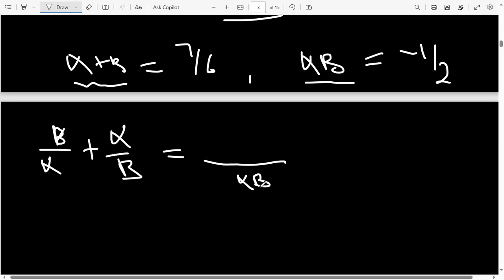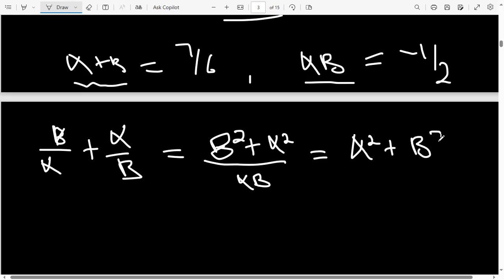Okay, so beta multiplied by beta, you get beta squared, and then plus beta into alpha beta, you get alpha. Alpha multiplied by alpha, you get alpha squared. Okay, and since addition is commutative, you can write this as alpha squared plus beta squared. And then all this we are dividing by alpha beta.